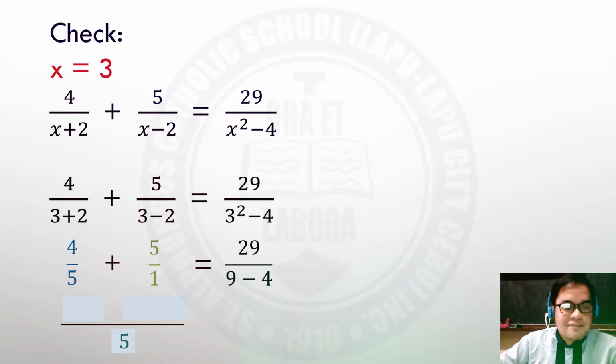So 5 divided by 5, the answer is 1, multiplied by the numerator of our first rational expression, plus 5 divided by 1, which is the denominator of our second rational expression. The answer is 5 times the numerator of our second rational expression, which is 5, equals 29 over 5.